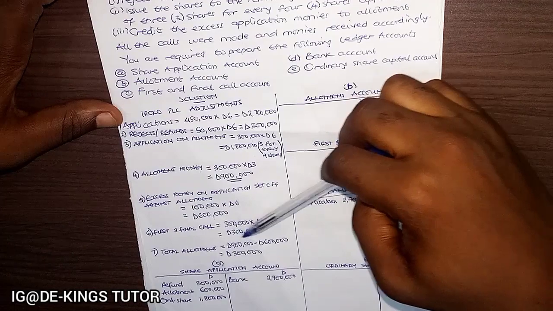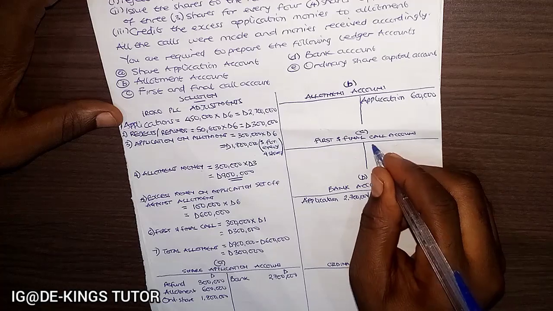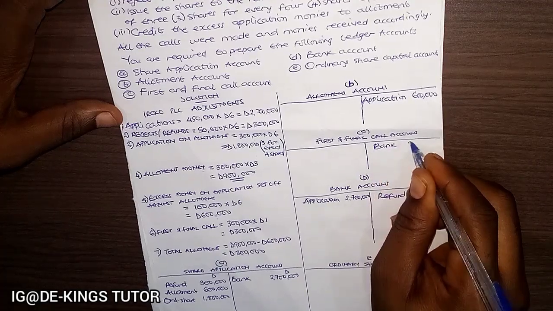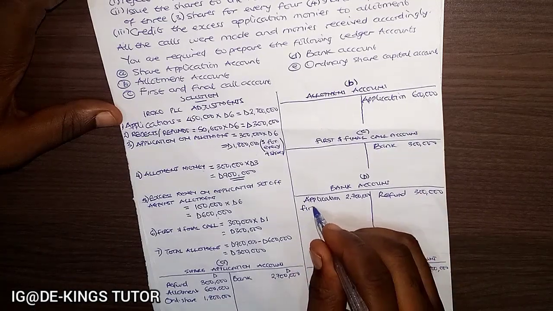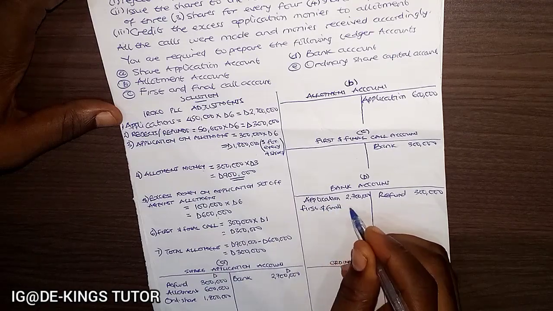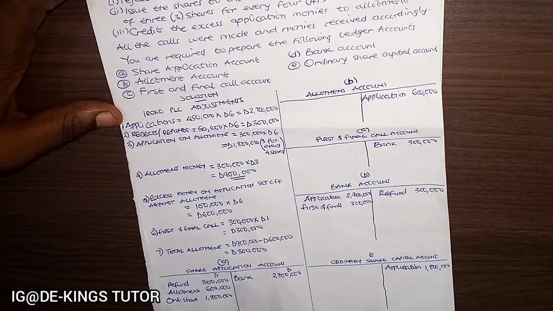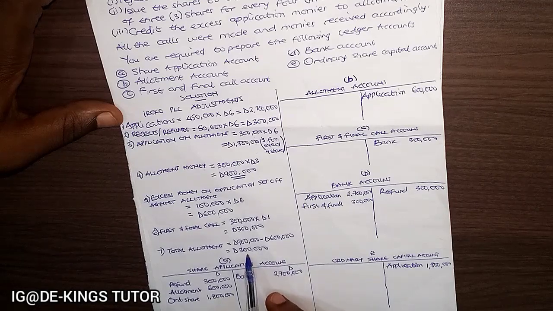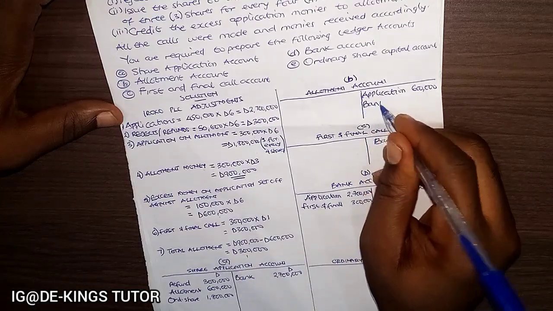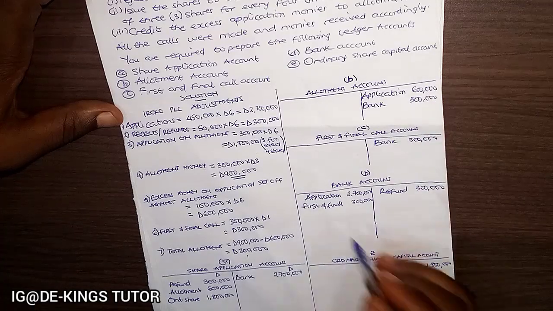Okay, so the next one will now be the allotment money that was paid. Let's do the first and final call that was paid, 300,000. So it was paid to the bank 300,000. The bank will receive it. First and final 300,000. Now the next one, our allotment. The actual allotment money that was paid will now be 300,000. So it was paid to the bank 300,000, and the bank received it.